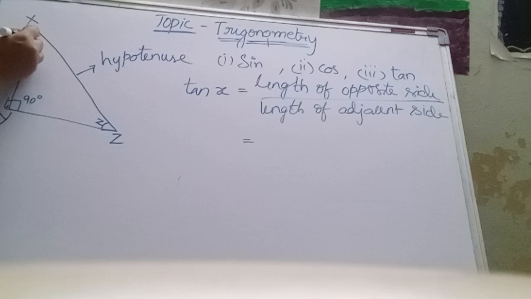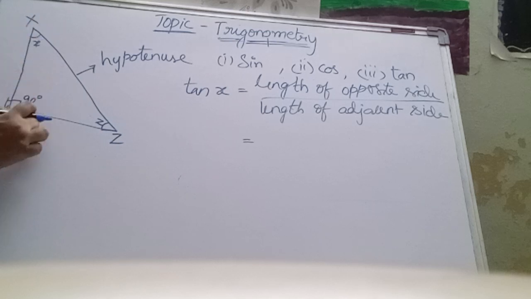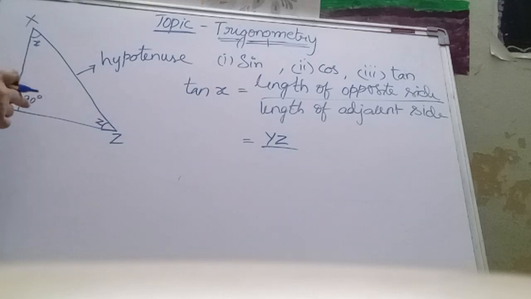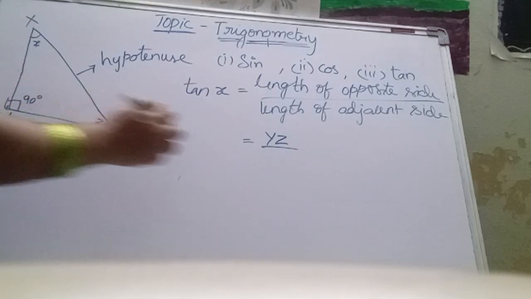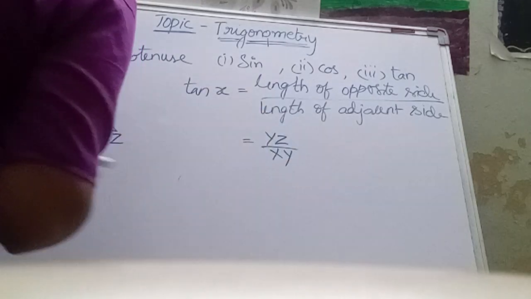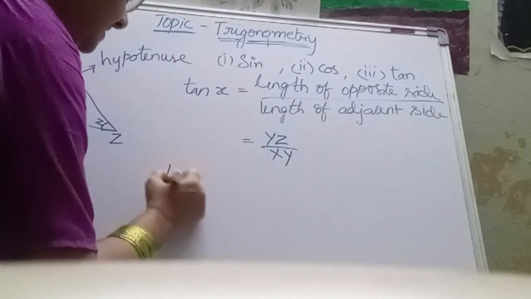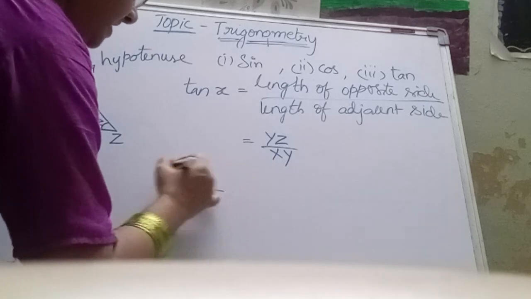For x, what is the opposite side? Yz. Yz by the length of the adjacent side. What is the adjacent side? Xy.